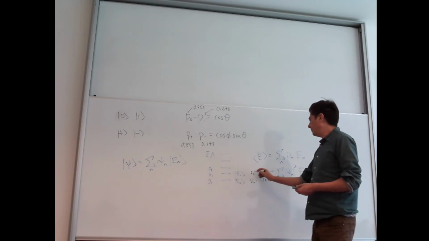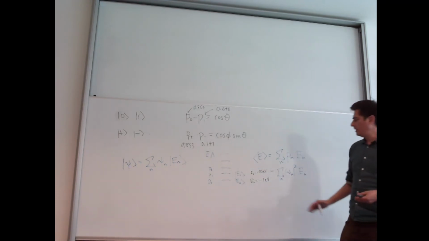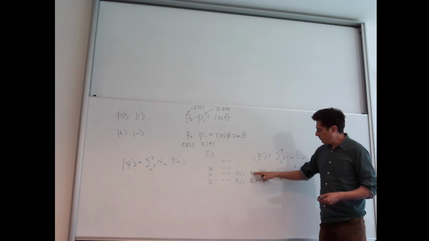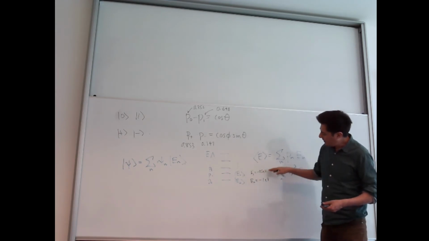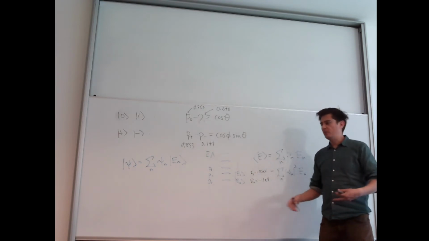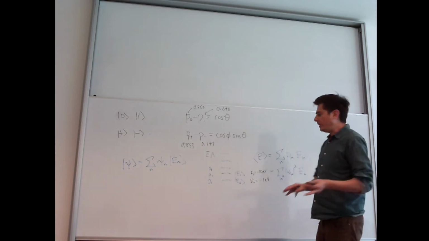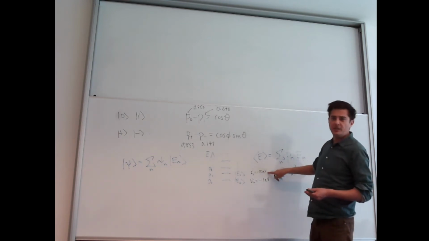This one would be something a bit higher, -0.5 electron volts. Something like this, right? So these are definite, actual numerical values associated with that state. So there's always the state, and there's always the number associated with that state, right?